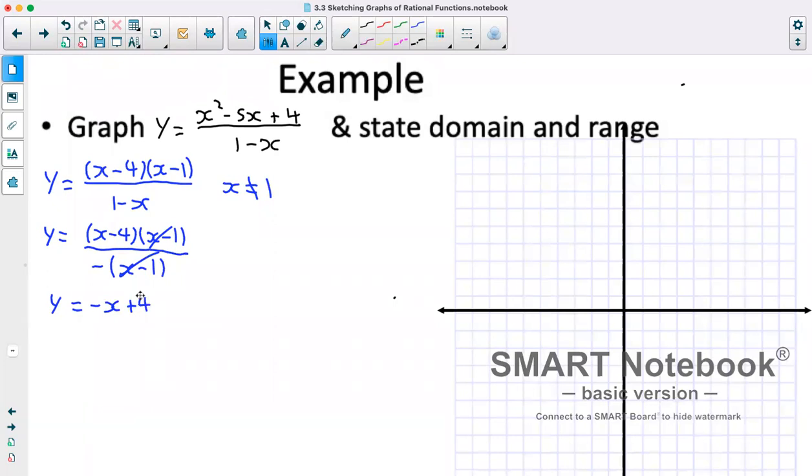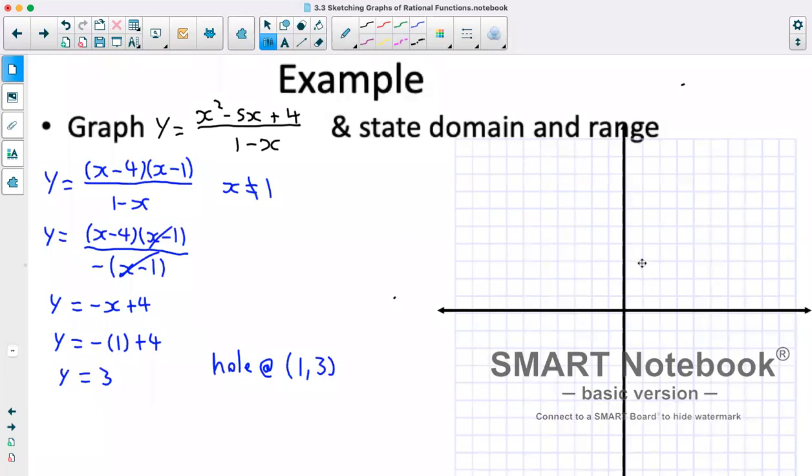Now, because those canceled out, we know we're going to have a hole. So I'll plug in the x value, that's my non-permissible, to get my hole. So I've got negative of 1 plus 4. So that gives me y is equal to 3. So I have a hole at 1, 3.